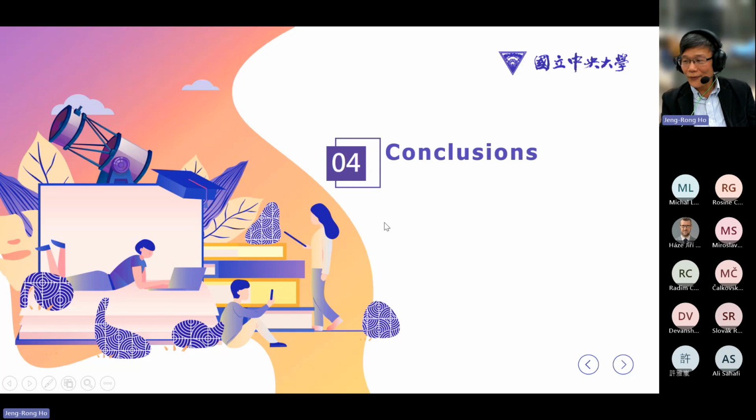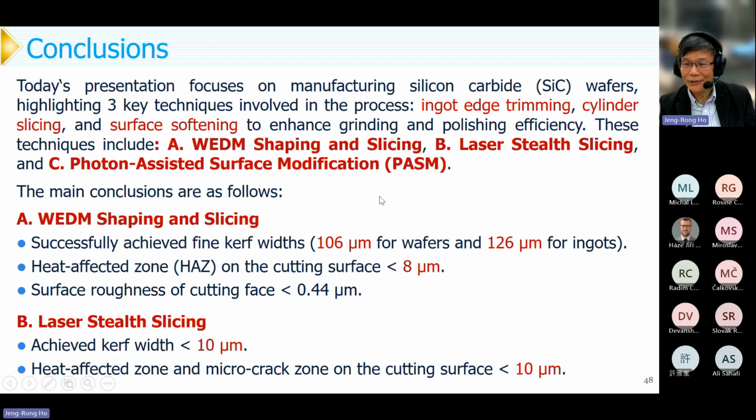Okay, so finally, I'll draw my conclusions of today's presentation. In today's presentation, I focused on manufacturing silicon wafers, highlighting 3 key technologies involved in the process: ingot edge trimming, cylinder slicing, and surface softening.